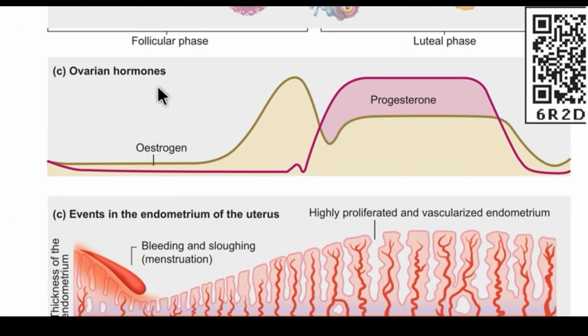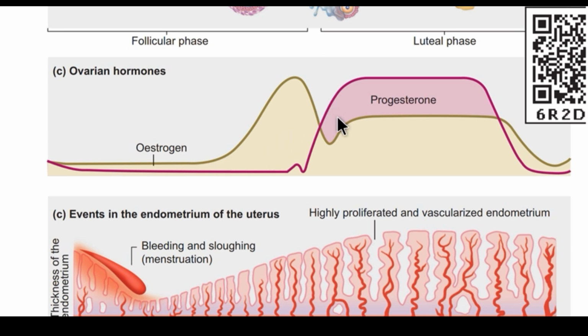Next, ovarian hormones. What are the ovarian hormones? Estrogen and progesterone. These 2 hormones are called the ovarian hormones. Estrogen is dominant from the first day up to the 10th or 14th day.